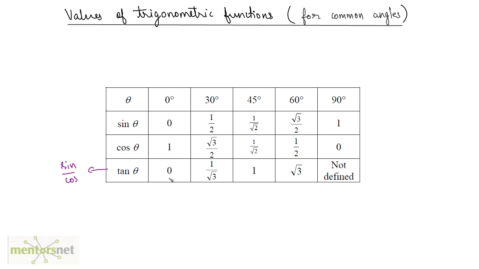So 0 by 1 is 0, 1 by 2 by root 3 by 2 is again 1 by root 3, 1 by root 2 divided by 1 by root 2 gives you 1, root 3 by 2 divided by 1 by 2 gives you root 3, and 1 divided by 0 is obviously not defined. So remember this table. Many a times the angles in your questions are either 0, 30, 45, 60 or 90 degrees.